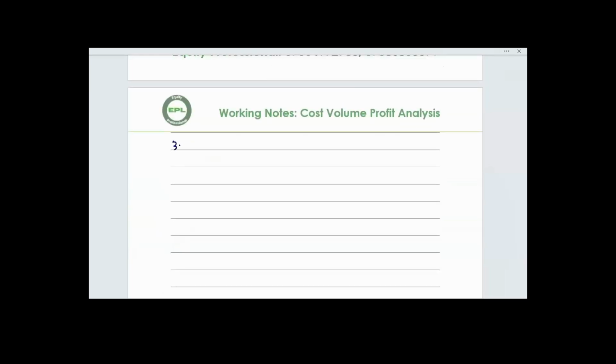Step 3, you determine sales mix. Calculate sales mix. How do you determine sales mix?